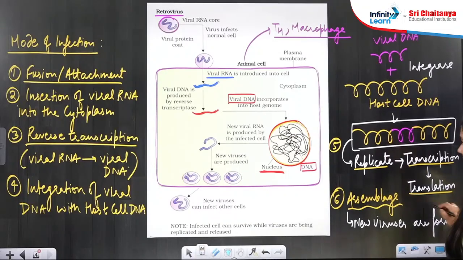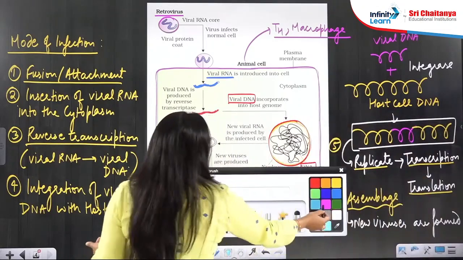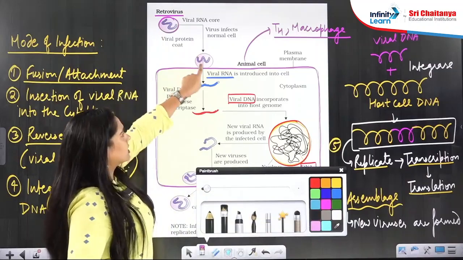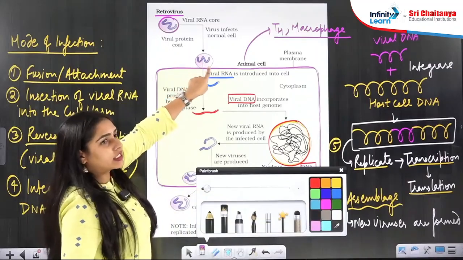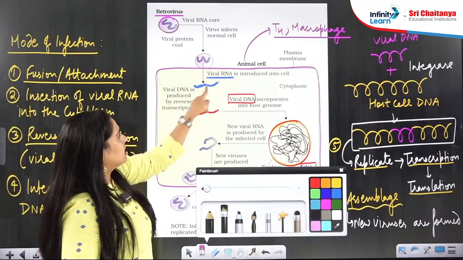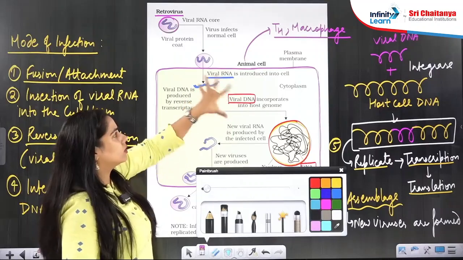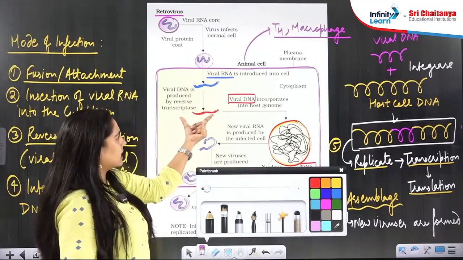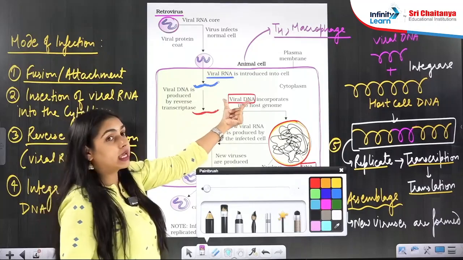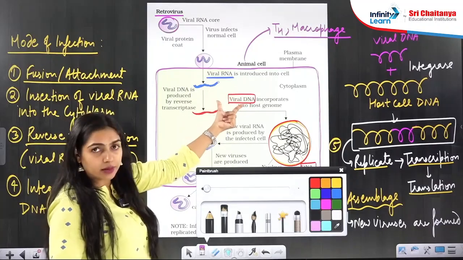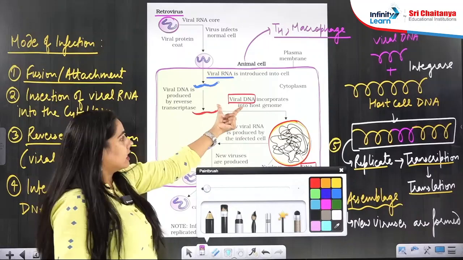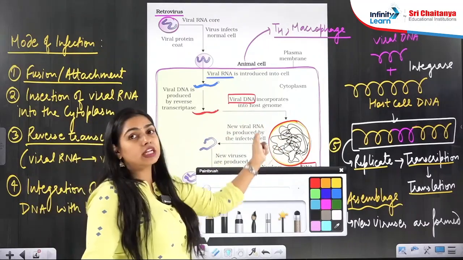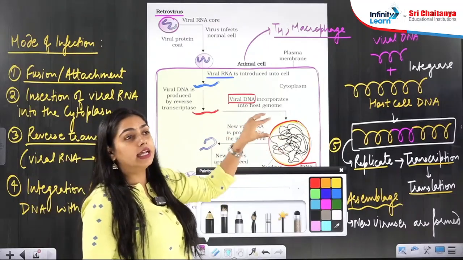So here you can see, the retrovirus is coming and attaching first. Then it is inserting the viral RNA into the host cell cytoplasm. Then viral RNA is getting converted into viral DNA by reverse transcription. Then the viral DNA is getting attached with the host cell DNA, integration.